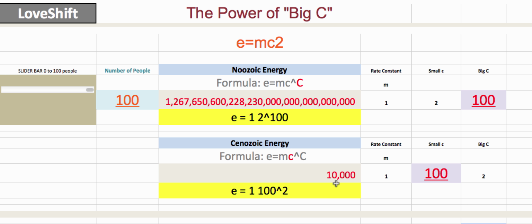Down here, 100 squared is 10,000. Up here, 2 raised to the power of 100 is an astronomically large amount of energy. And that's just 100. If you run this slider to 200, 300, 500, 1,000, this number becomes amazingly huge.